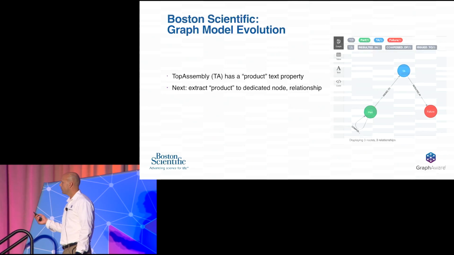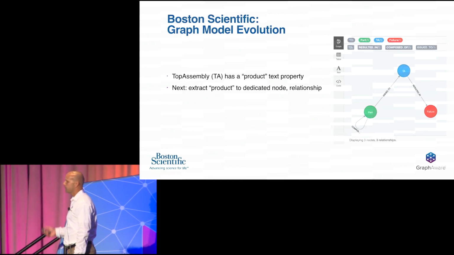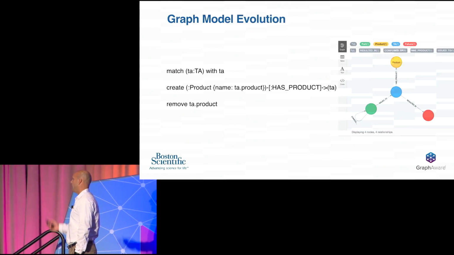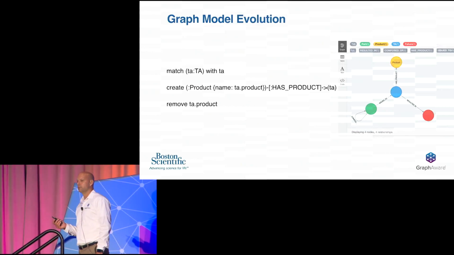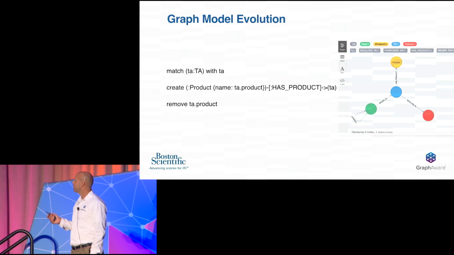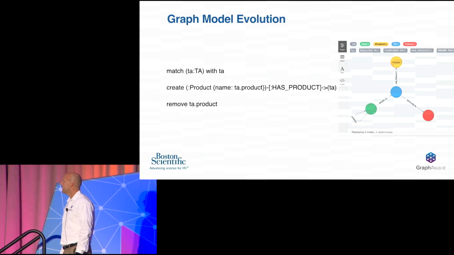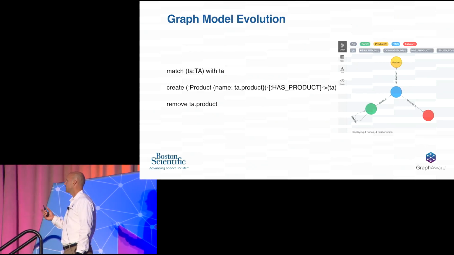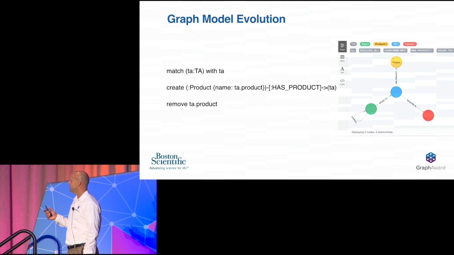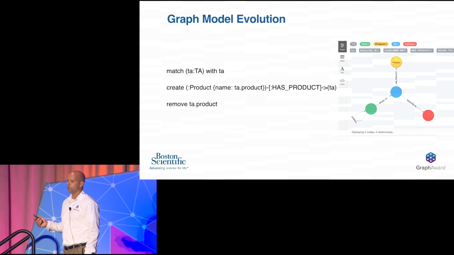In doing this, we're going to go from our simple 3 nodes and 3 relationships graph to something that looks like this. What we've added here is the product node that's represented in yellow. As I said, we've created a has-product relationship back to the top assembly. And then finally, that product property is going to be relocated from the blue top assembly to the product node itself.